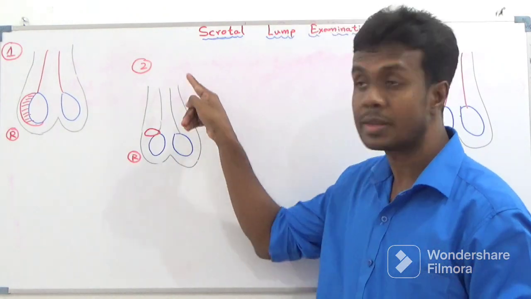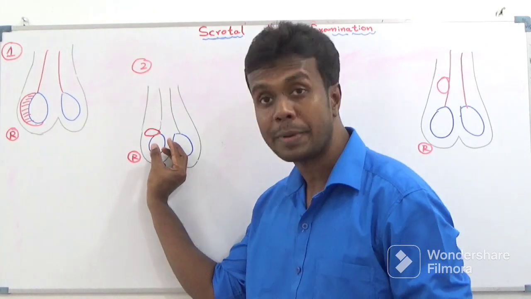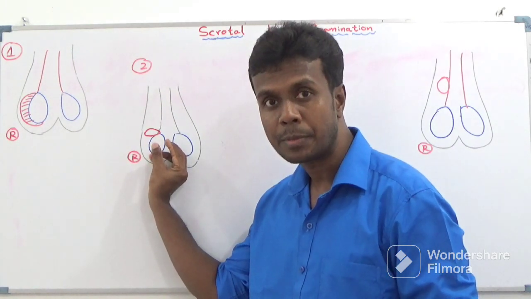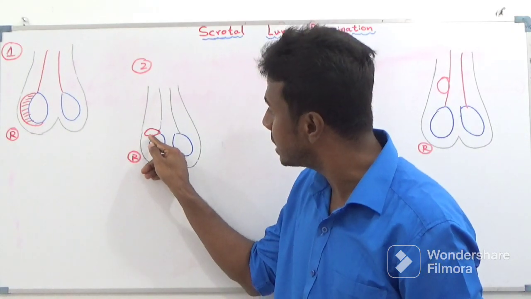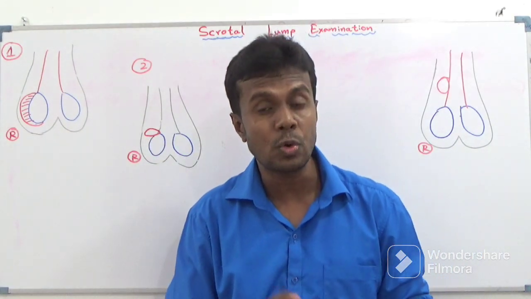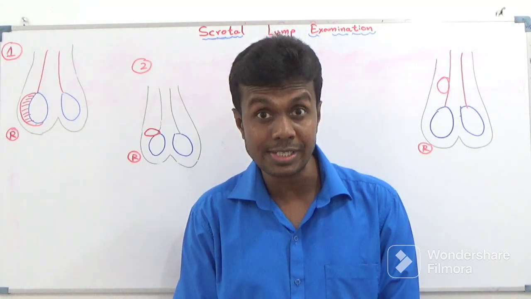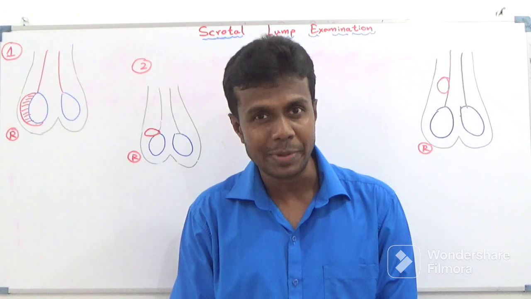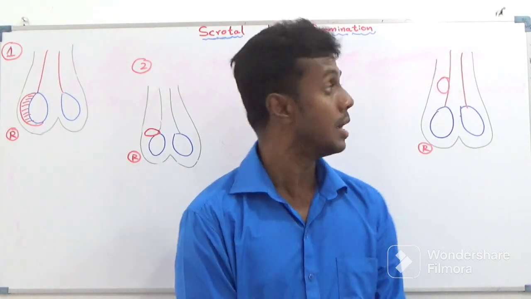The rest of the hemiscrotum is normal. I can separately palpate the testis, but there is no distinct gap between the testis and the lump. What is your diagnosis? Your diagnosis is epididymal cyst.